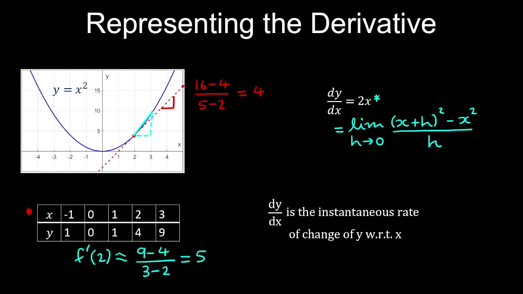And we can also represent the derivative verbally as the instantaneous rate of change of a function y with respect to the independent variable x at a particular point. So for example, at x equals 2, we'd have dy dx evaluated at 2, or f dash of 2, and so on.